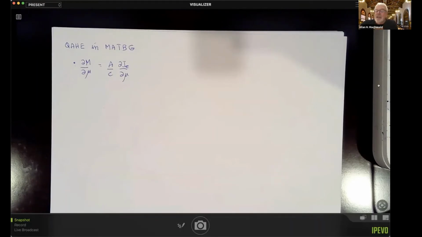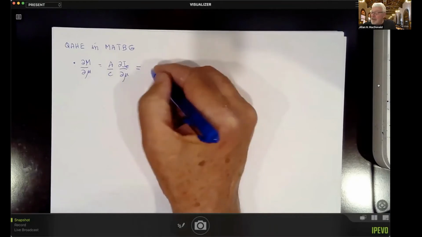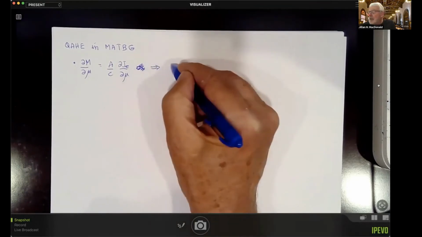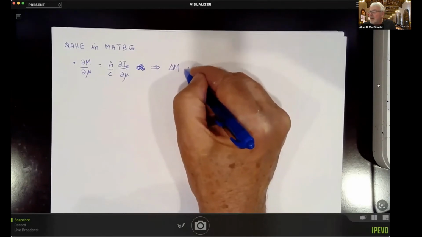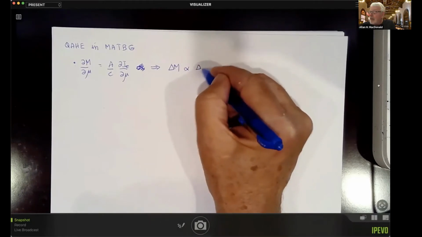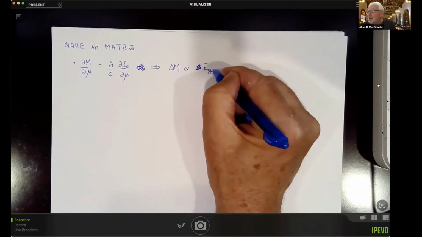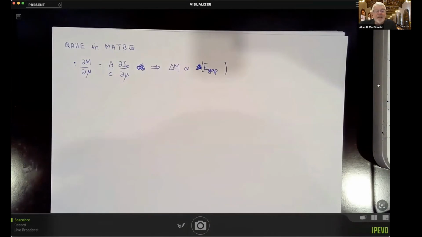That means, in particular, the magnetization depends on position within the gap. And there's a jump in magnetization across the gap, which is proportional to some universal numbers and the energy gap.